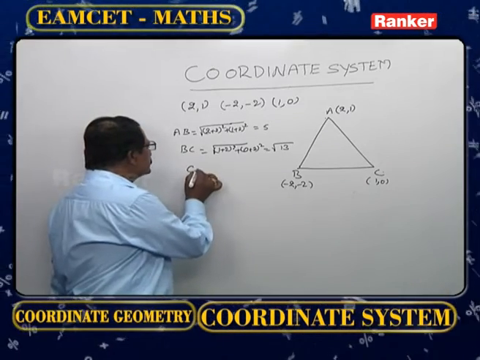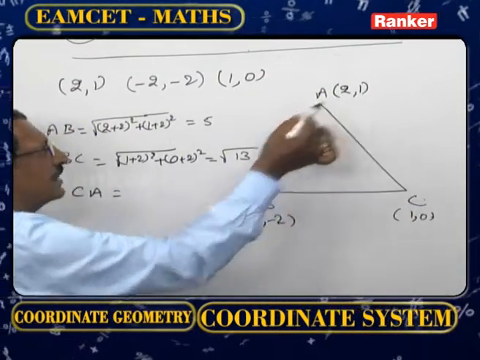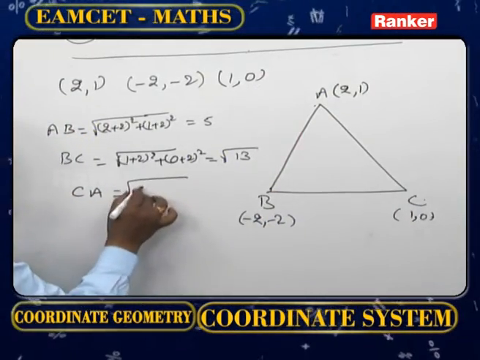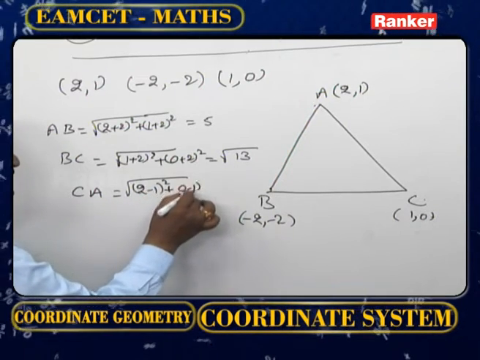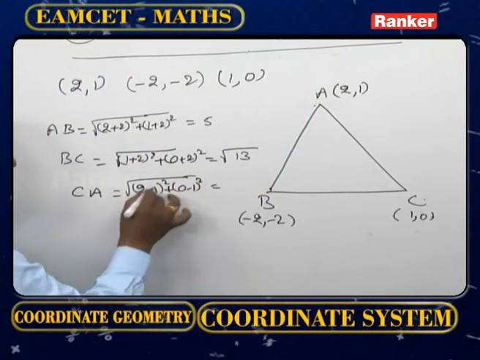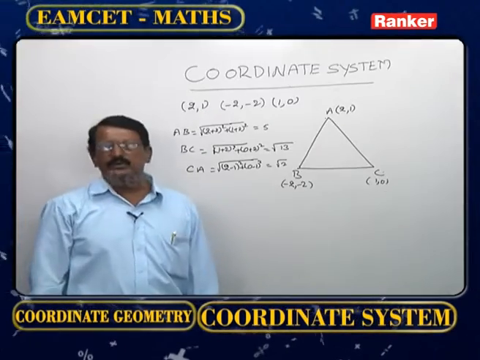Next, CA equals the distance between 1, 0 and 2, 1, that equals square root of 2 minus 1 whole square plus 0 minus 1 whole square, that equals square root of 1 plus 1, root 2. Length of the side CA equals root 2.